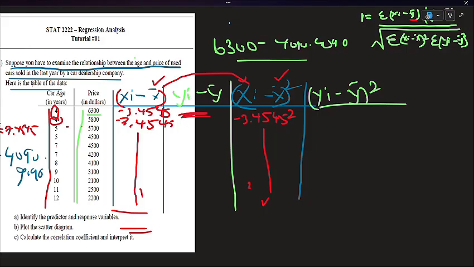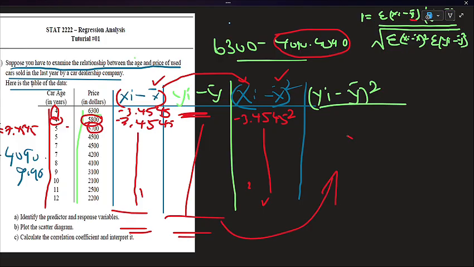After taking all the differences for the y column, it's y minus the y mean value, the average of the y column. Then take the squared values here too.